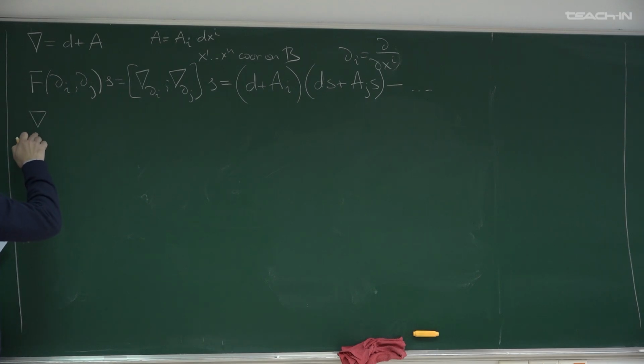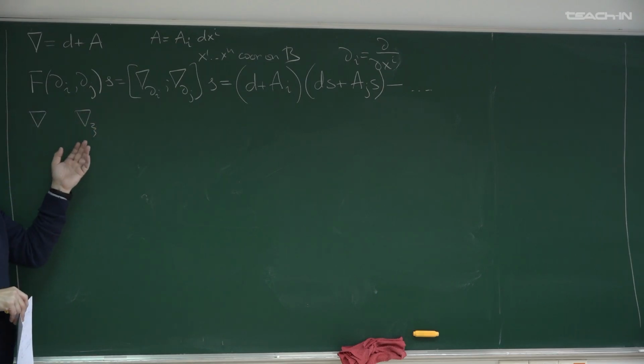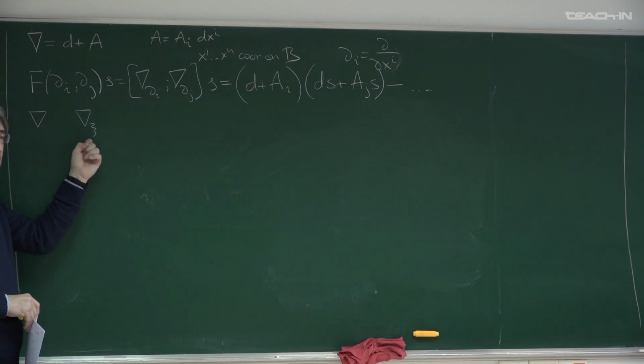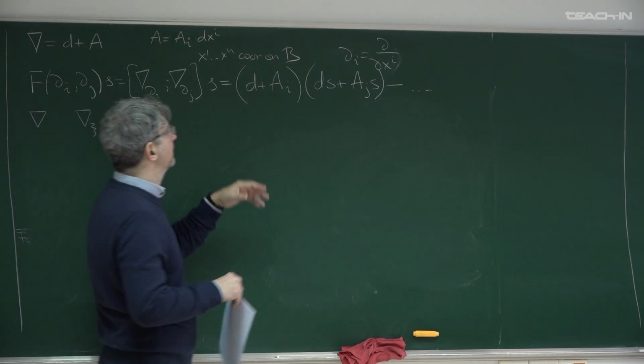Either we do this operation, or we calculate the partial derivative, or we take a covariant derivative along a vector field. This thing contains a differential, this thing contains a differential, but with psi substituted inside.